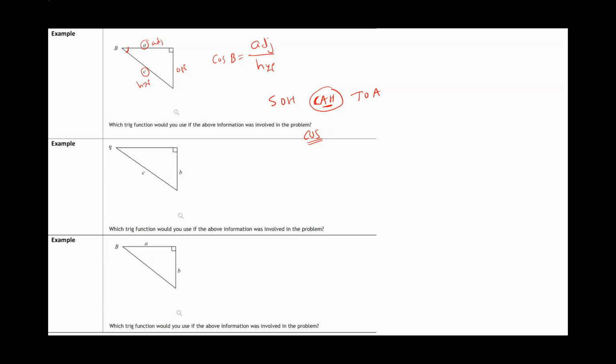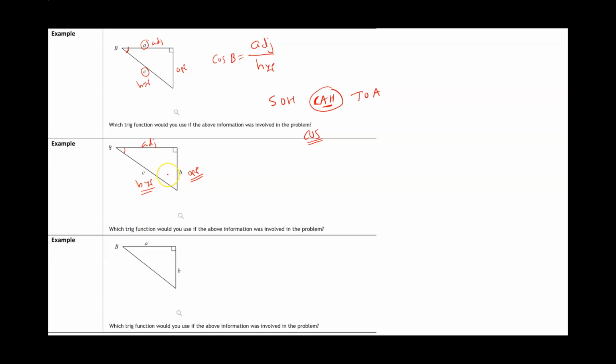Let's try another one. Which trig function would you use? Once again, I'm given angle B. Opposite of angle B is this side. Adjacent is the one connected to it. Opposite of 90 is the hypotenuse. Now I'm given B and C, so I'm given the opposite and the hypotenuse.